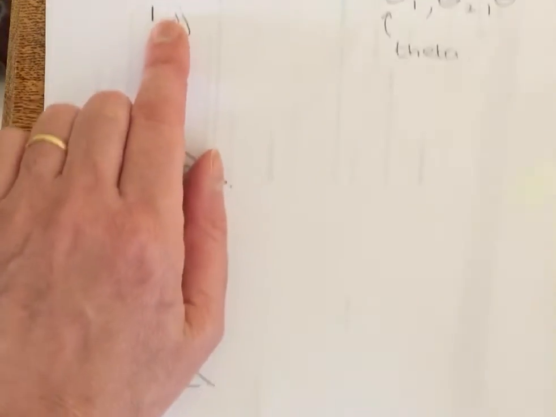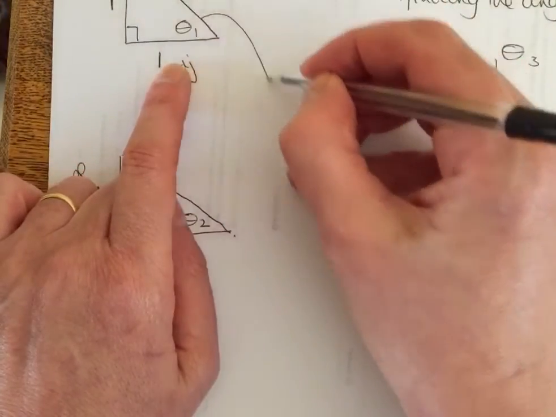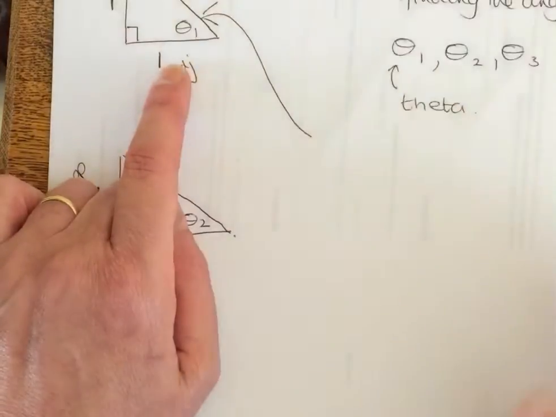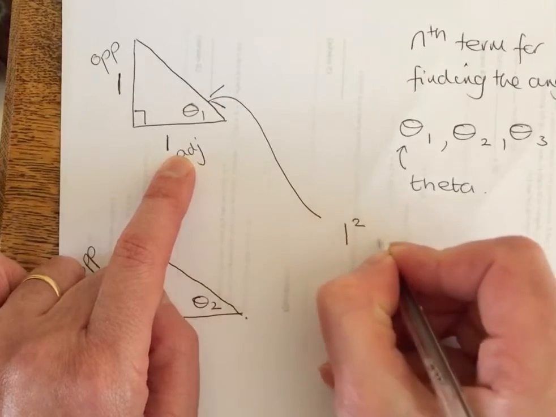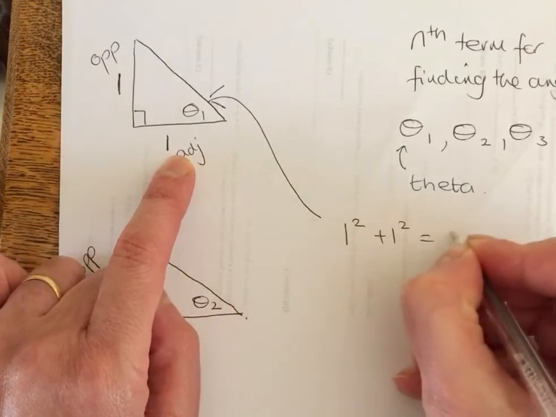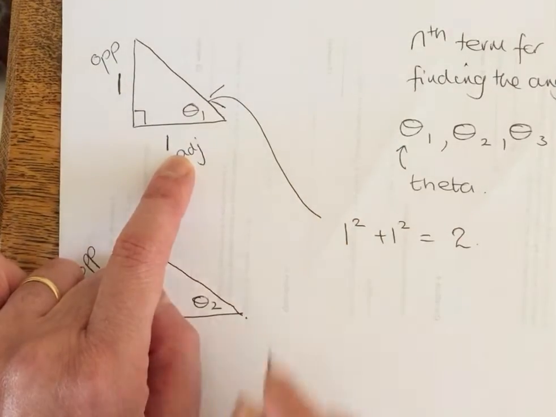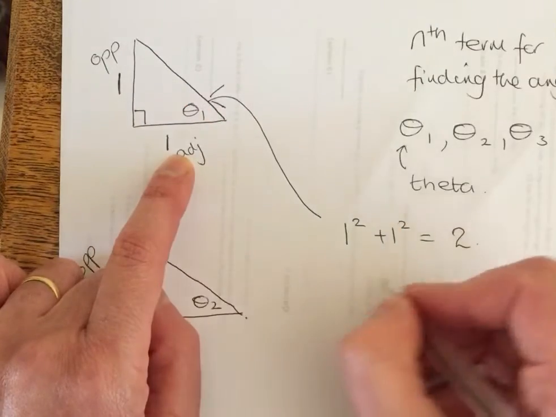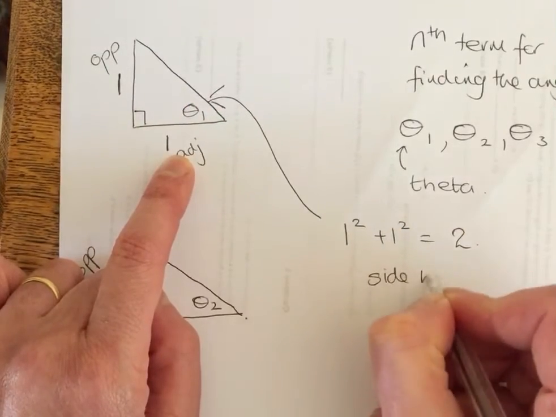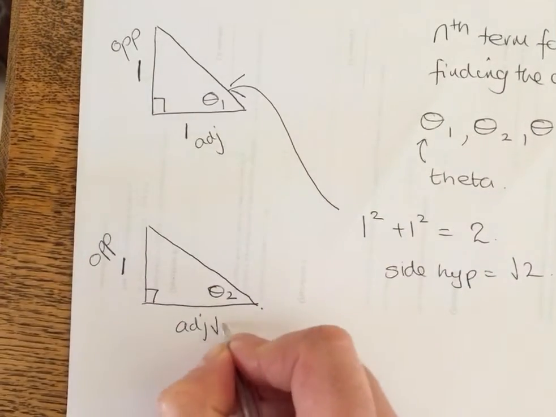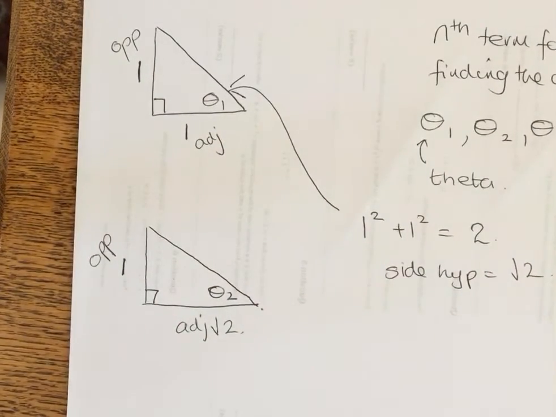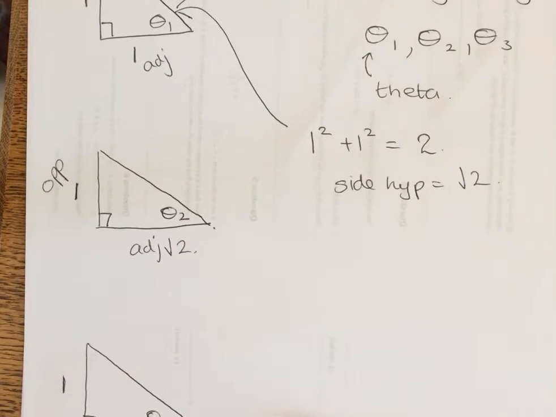So for the first triangle, I'm going to use Pythagoras. 1 squared plus 1 squared is 2. So my hypotenuse is the square root of 2. And I'm going to keep it in surd form because it's easier.